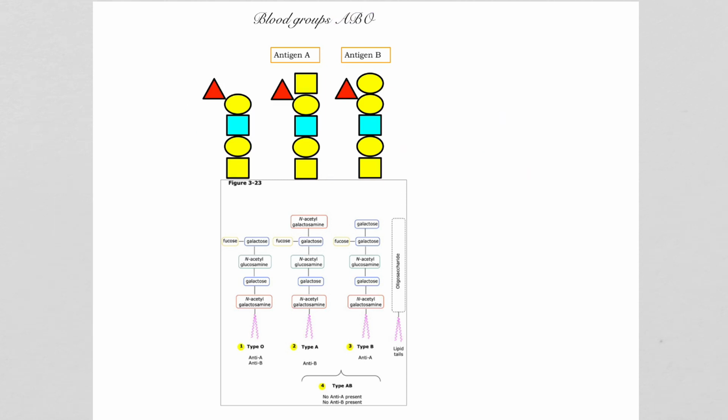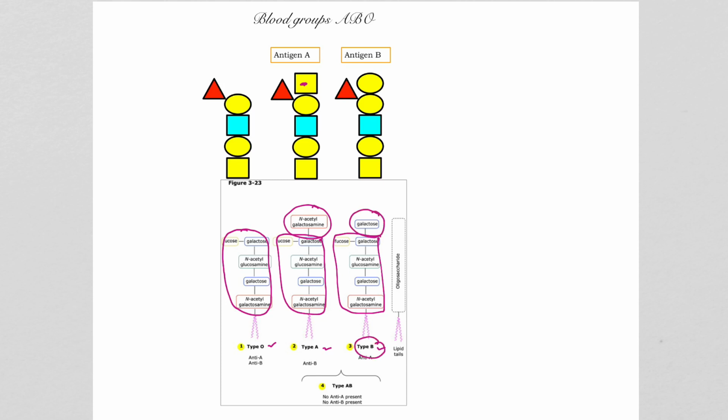All of these groups, type O, type A, and type B, have the common basic oligosaccharide. But in type A, there is an additional monosaccharide, N-acetyl galactosamine, while in type B, there is an additional monosaccharide, galactose.